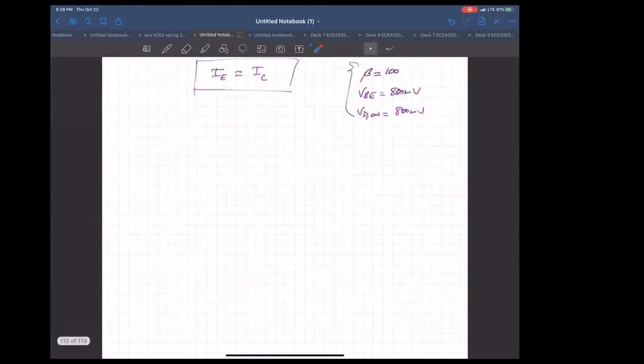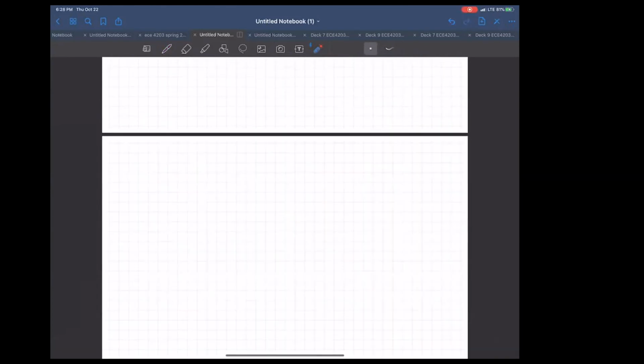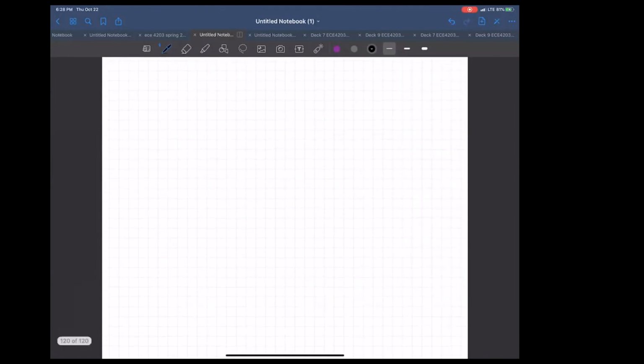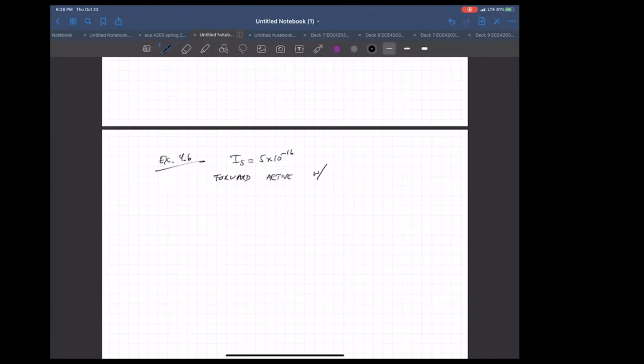So actually that's a good segue into this next example to give us some idea of what approximately these things look like. So this says, we have a bipolar with I sub s 5 times 10 to the minus 16, and it's in forward active, with base emitter being equal to 750 millivolts.